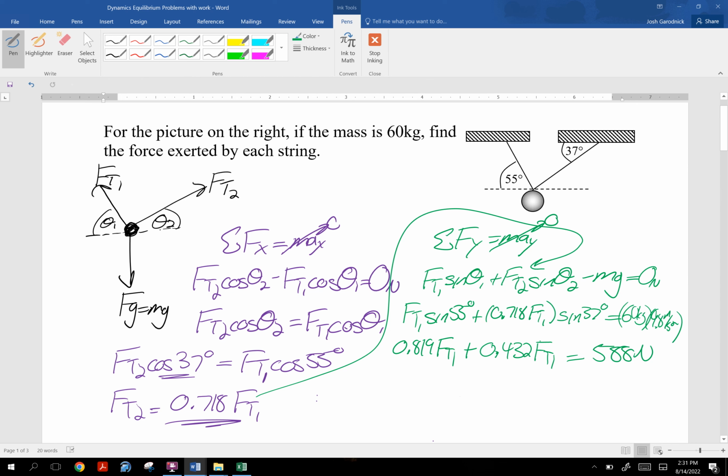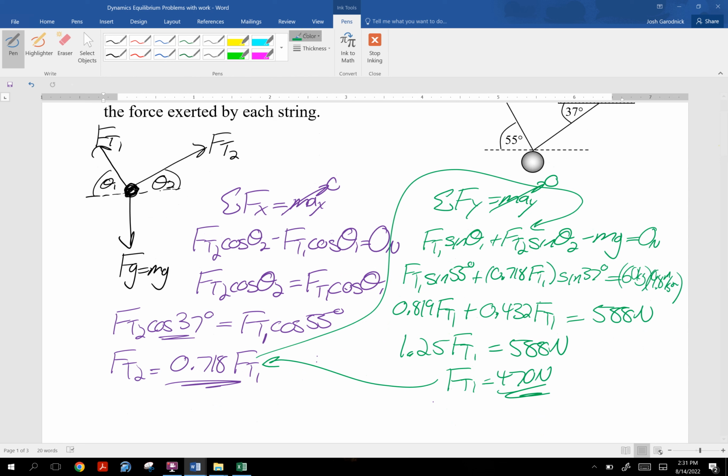Now I have two like terms that I can combine, the 0.432 and the 0.819 ft's, and I get 1.25 ft1 is equal to 588 newtons, or 588 divided by 1.25 is approximately 470 newtons. And guess what? Once I get that, I can sub it back in and I can keep solving. Let me do that.